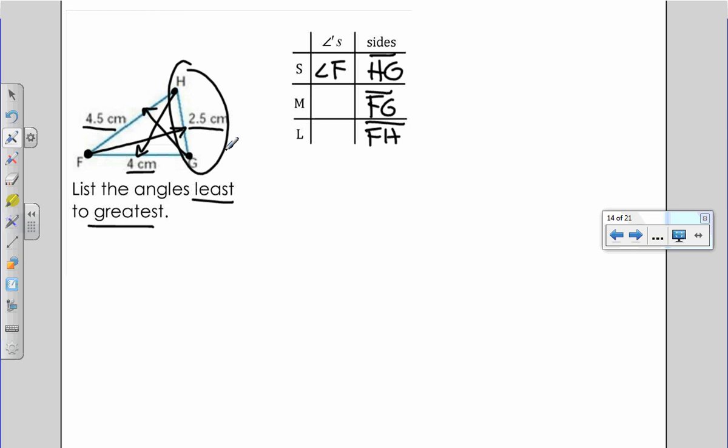If you like to cover it up, block out line FG, and you can see that angle H is across from it. FH is the longest side. Across from it is angle G. So we're listing from least to greatest, or smallest to largest. Angle F is smaller than angle H, which is smaller than angle G.